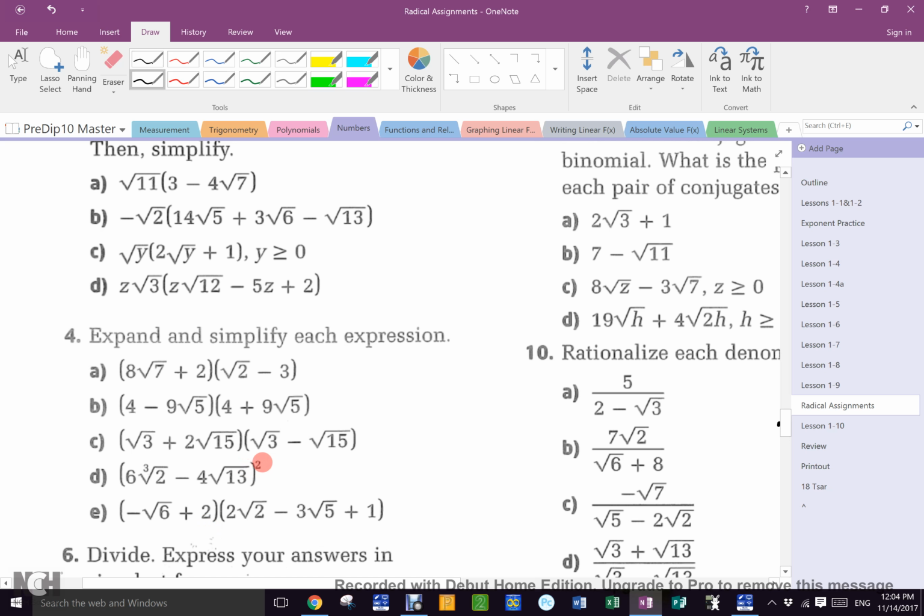So, Leighton, what's that square mean? Everything is squared. So really what you're doing is 6 cube root 2 minus 4 root 13, and then you're doing FOIL. So what I will do is take this, 6 cube root 2 minus 4 root 13.